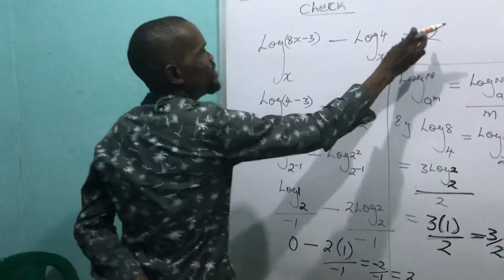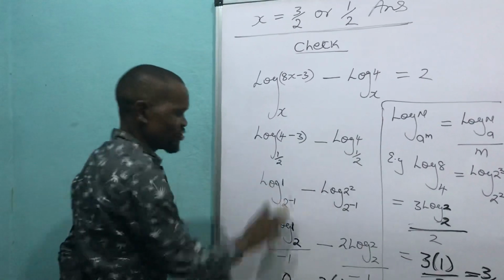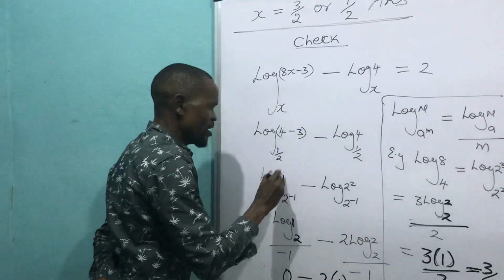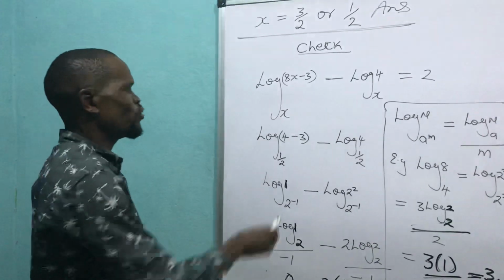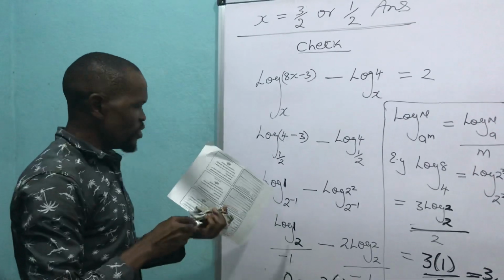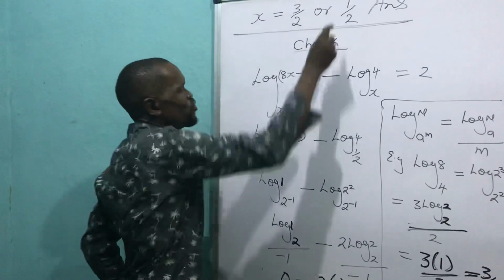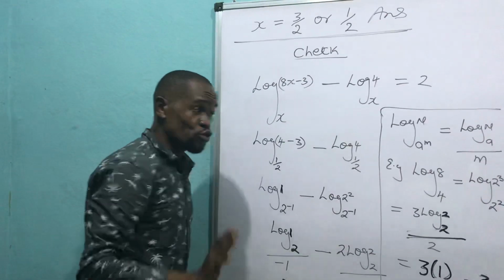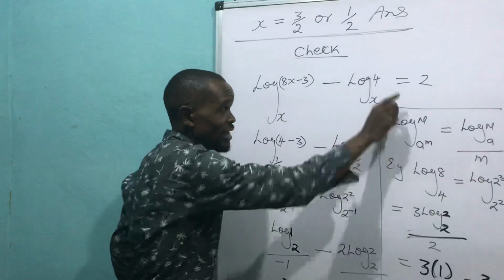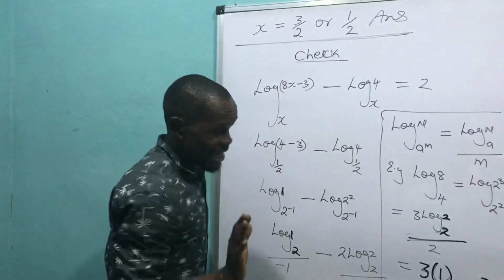That means this gives me 2, right? And everything I've solved now gives me 2. You remember? So what happens is that while we have checked it, we see that when we put this value in that equation, it gives us 2. It means that 1 over 2 is the correct answer.